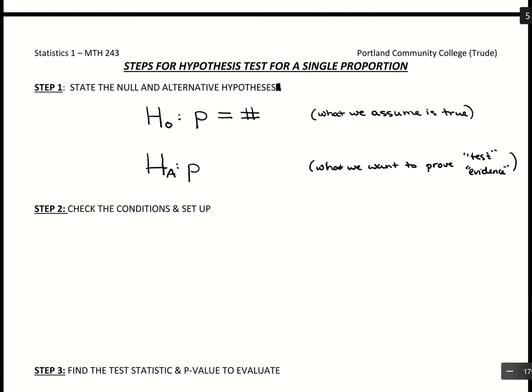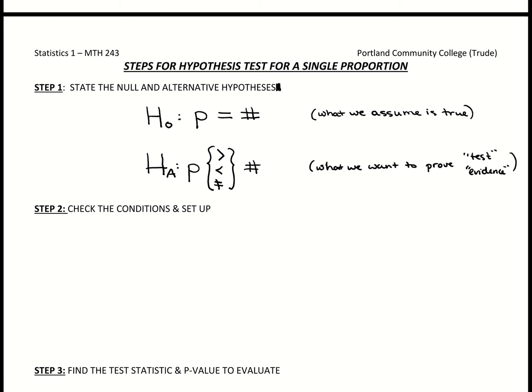Now this is going to take p, it's going to have the same number there, and then in between there's three options for your symbol: more than, less than, or does not equal. And then you just have to choose the symbol that matches the wording of the problem, but you'll only ever use one of them.